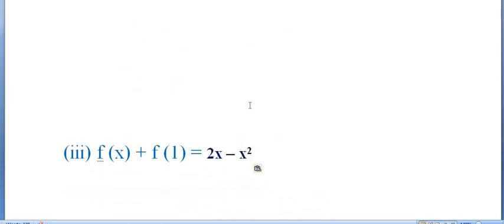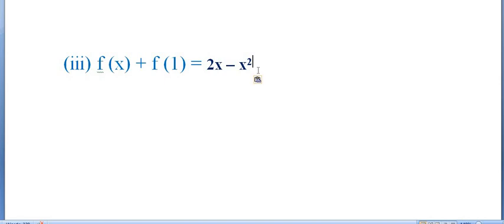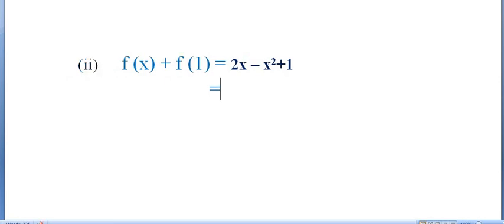So here we can write plus 1. So that is equal to 2x minus x squared plus 1. See, the symbol must be correct. This is the answer.